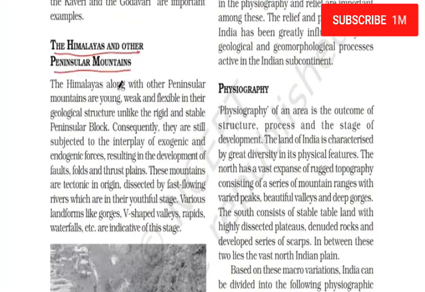The Himalayas along with other peninsular mountains are young, weak and flexible because it is newly formed. It can be easily eroded. Consequently, they are still subjected to interplay of exogenic and endogenic forces. Endogenic, building is taking place. Exogenic, erosion is taking place, right? So, one builds, other one erodes.